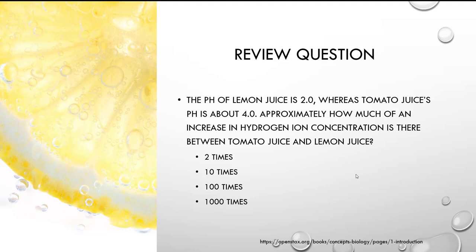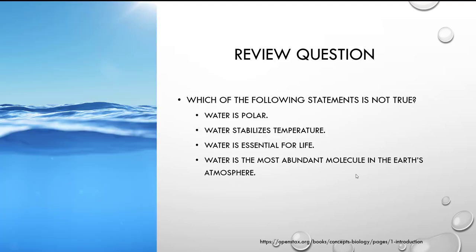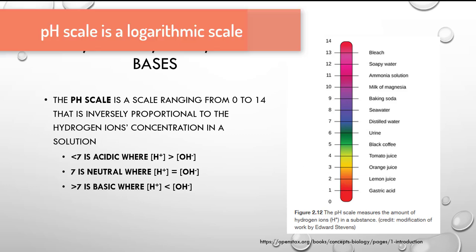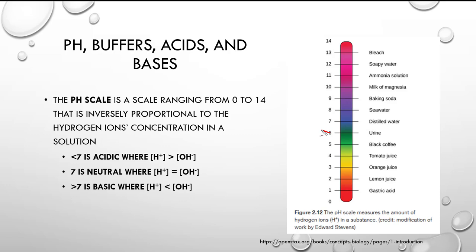When we were talking about the pH scale, we didn't talk about how it's a logarithmic scale. As you go through the scale, in between the numbers, you're not increasing or decreasing the concentration of hydrogen ions by a factor of 1. You're increasing it by a factor of 10.